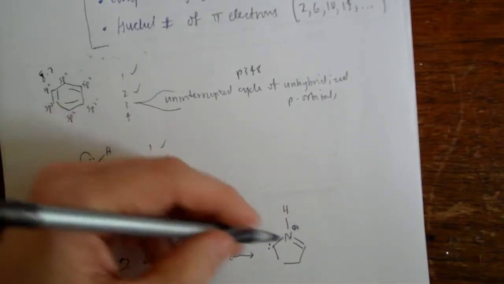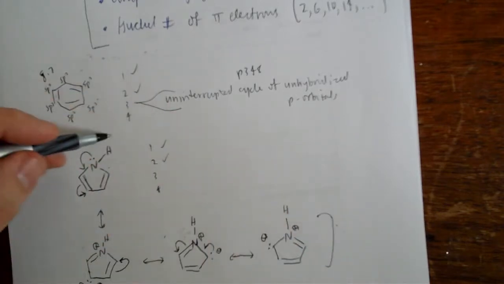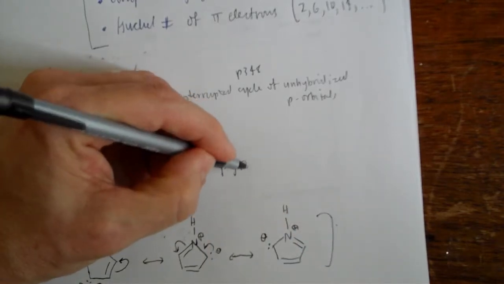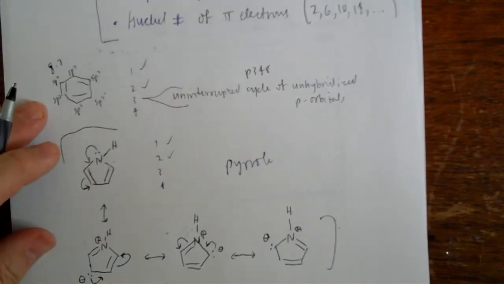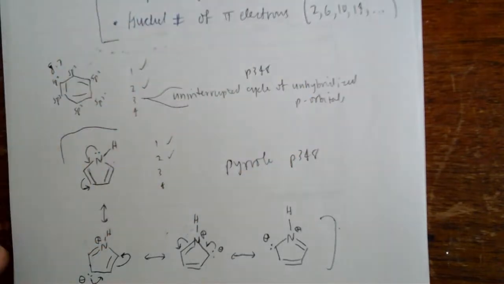Oh, that's still got a plus on it. Okay, a bunch of resonance structures we can draw with pyrrole. Okay, this is also on page 348 of your text.